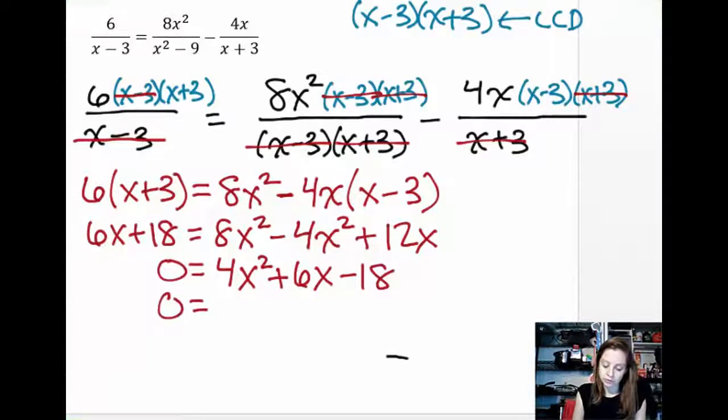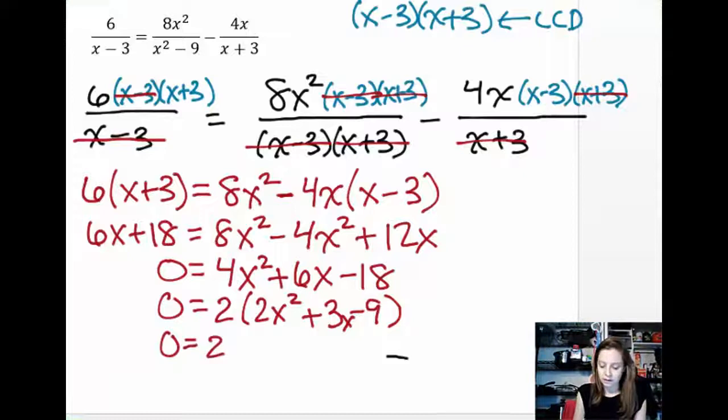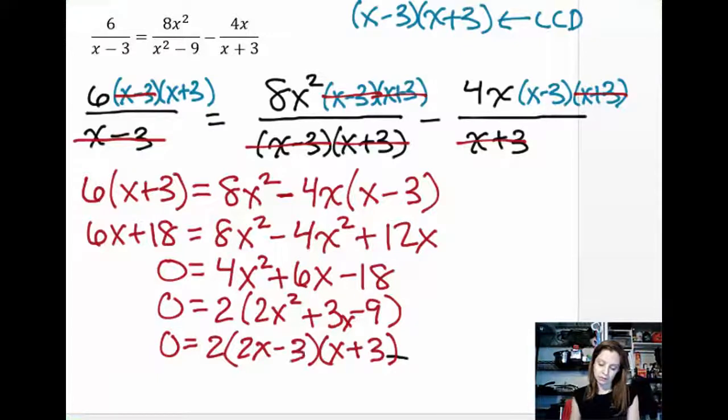I'm going to take out the GCF of 2, so it's going to be 2 times 2x squared plus 3x minus 9. And now I have 2x and x, and it's going to be plus 3 and minus 3.